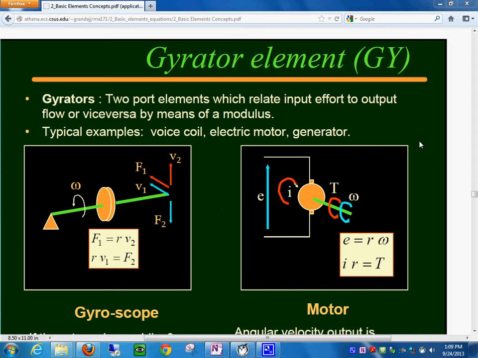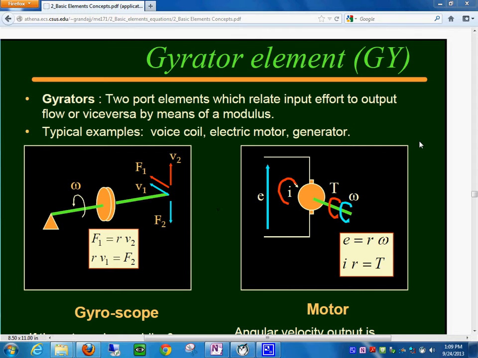The only important thing here is, one, they are two-port elements. Two, this is a similar kind of transformer, but the difference is that this does not relate effort to effort, or flow to flow like the gears do, for example.